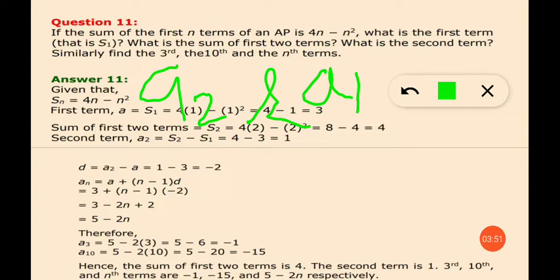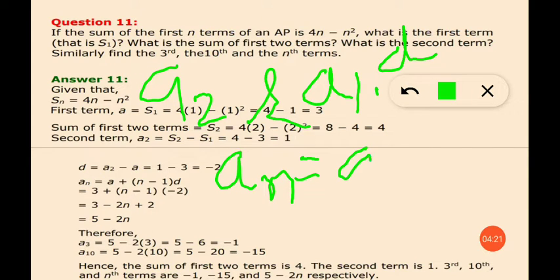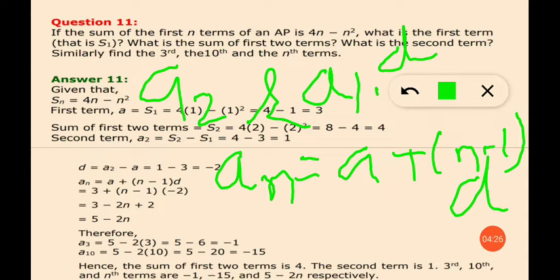Now since A2 and A1 are known to us, we can find D, which is equal to A2 minus A1, that is 1 minus 3, which is equal to minus 2. Now D is also known to us. So we can easily find the third, 10th and nth term using the formula An is equal to a plus n minus 1 d.